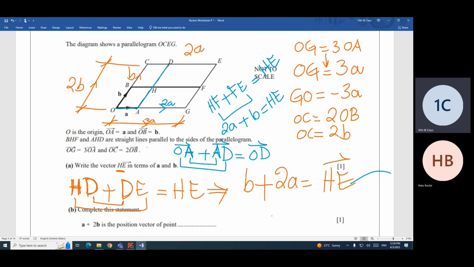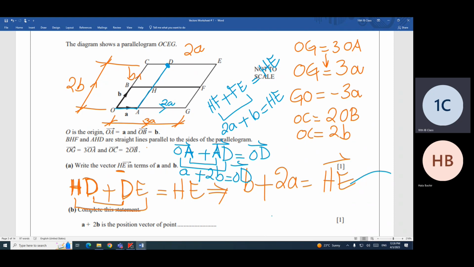If you substitute the expression from O to A plus from A to D, it's OD. So we're going to reach where A plus 2B is the position vector.